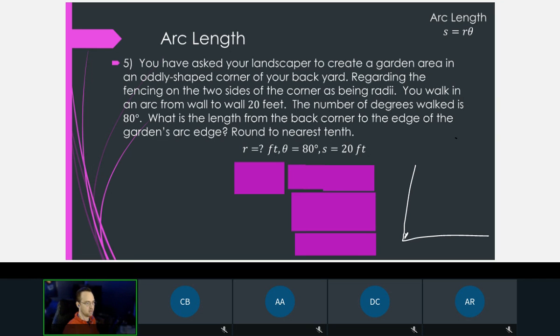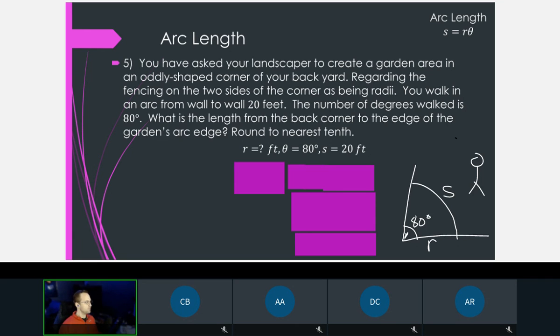If you could visualize a sprinkler head spraying water, if it's in this corner, it's going to spray this arc-like distance, right? So this would be the radius to that point, which is one of the walls. This would be the arc length S. And the degrees is 80 degrees. So visually that's what's going on, right? And then there's you, stick figure, and you have no arms. So just like last time.